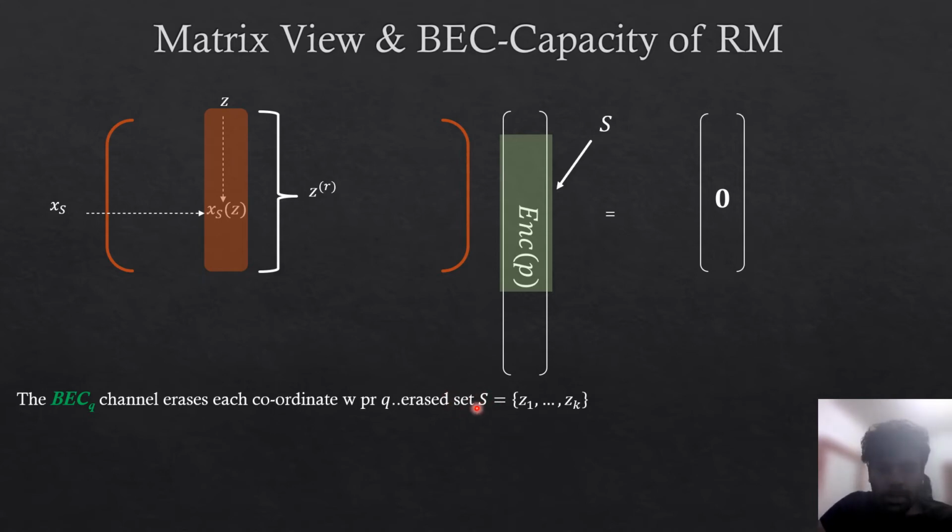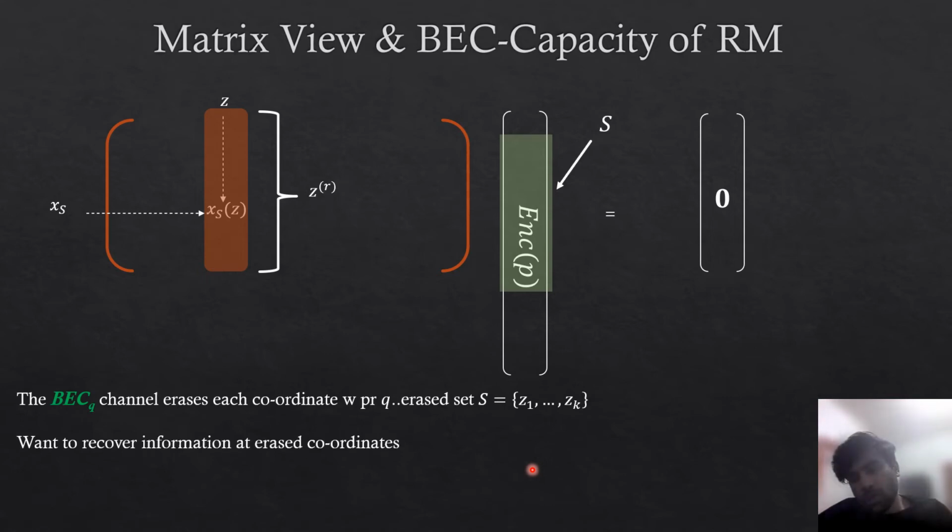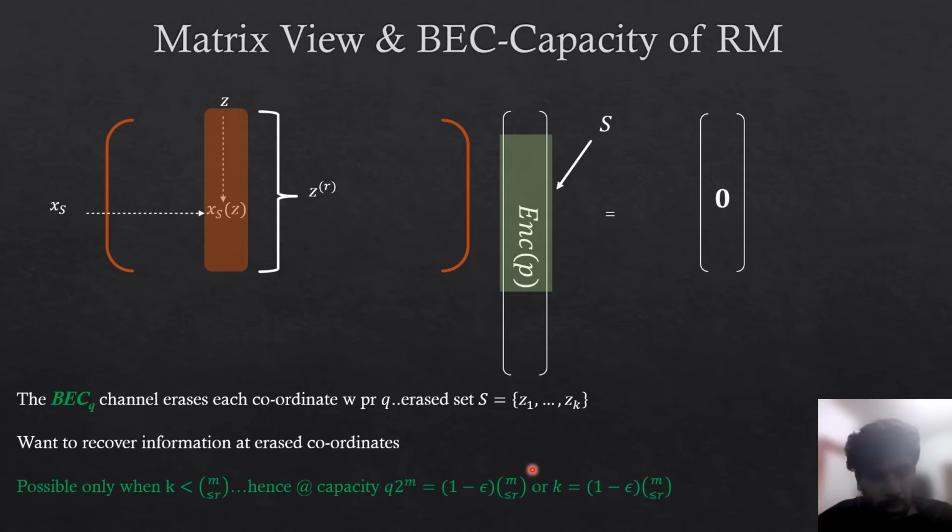You expect that size to be roughly q times 2 to the m. And in the diagram, it's the lime colored rectangle which denotes the erased coordinates. They need not be contiguous, this is just for ease of drawing. So what we want to do is recover the information on the erased coordinates, so we get the full codeword and hence the message.